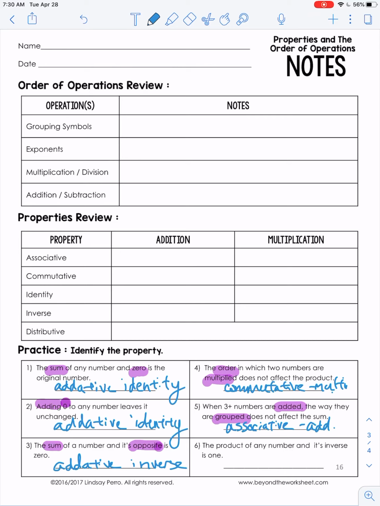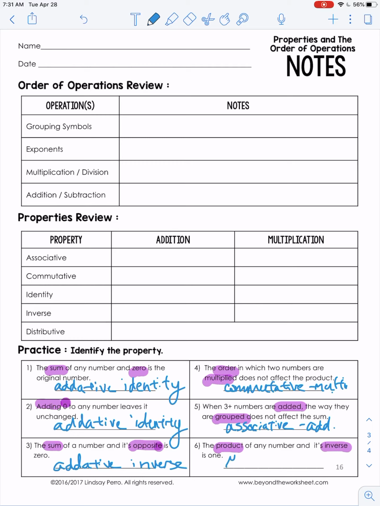And number 6, the product of any number and its inverse is 1. So we have product and inverse. Which property has to do with product and inverse?